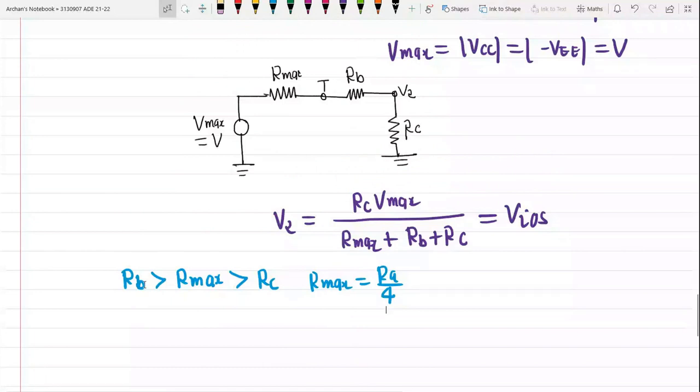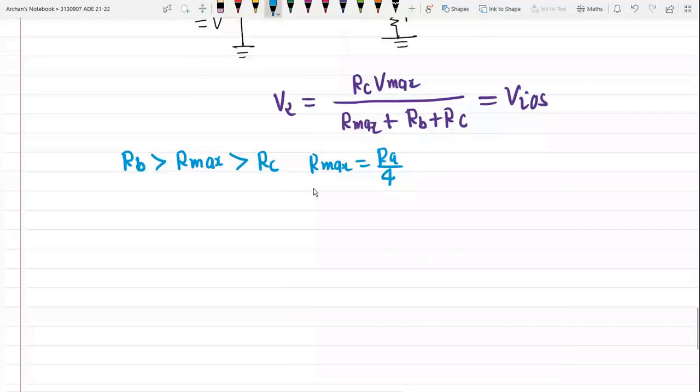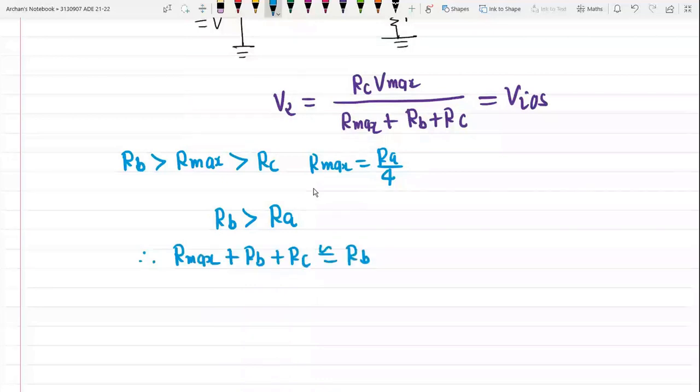Now we know very well that RB is higher than RA, and this is the reason why we will get R max plus RB plus RC approximately equal to RB.